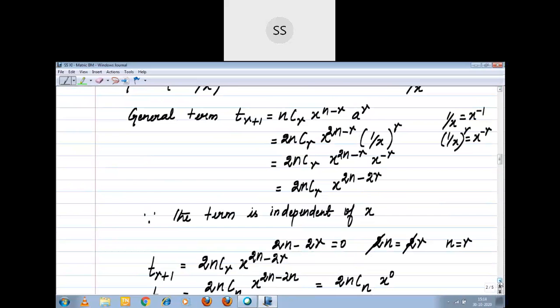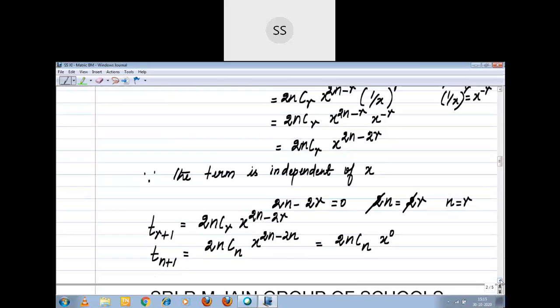N can be replaced by 2n, 2nCr, x power 2n minus r. A can be replaced by 1 by x the whole power r, which is nothing but x power minus r. Then I wrote 2nCr into x power 2n minus 2r.